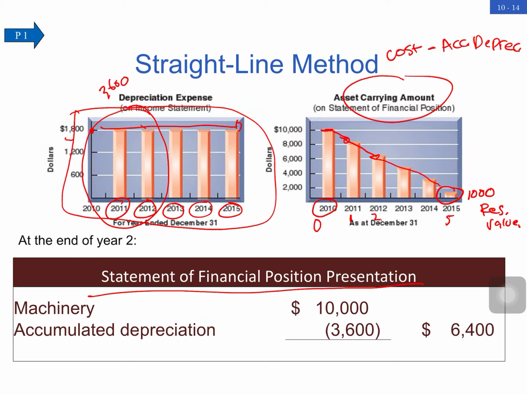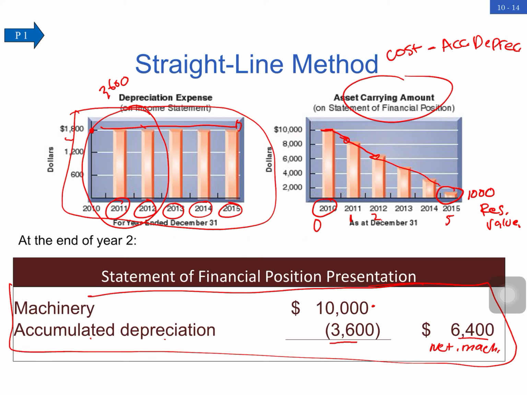In the statement of financial position, the machinery will be recorded like this: machinery 10,000, and then accumulated depreciation 3,600, so that the net machinery will be 6,400. That is year 2.